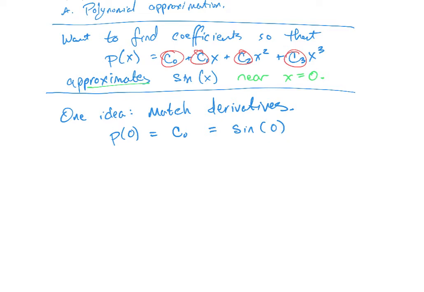So the polynomial at 0 would just be C0. If we want that to be sine of 0, the sine of 0 is 0. So we want C0 to be 0. Okay, now we take a derivative.